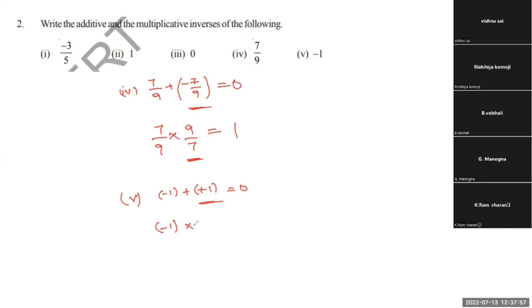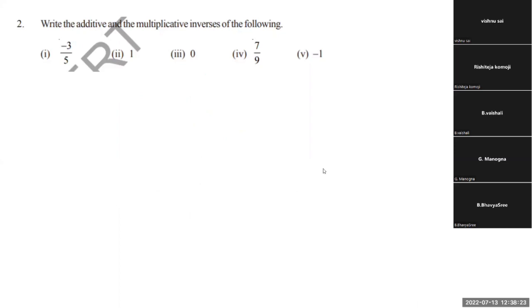See, plus 1 can be written as 1 by 1, and it can be either positive 1 or negative 1. So minus 1 also can be written as minus 1 by 1. So minus 1 into minus 1 is plus 1. So minus 1 is called the multiplicative inverse.